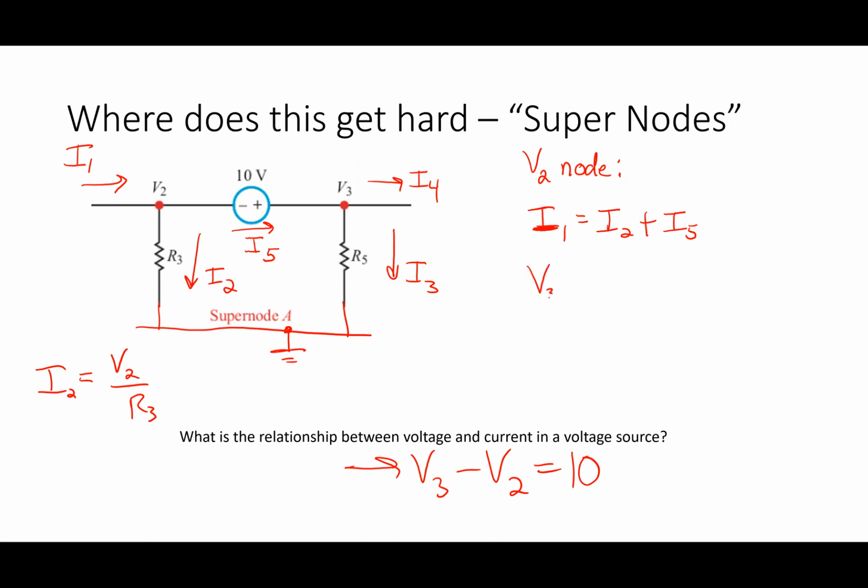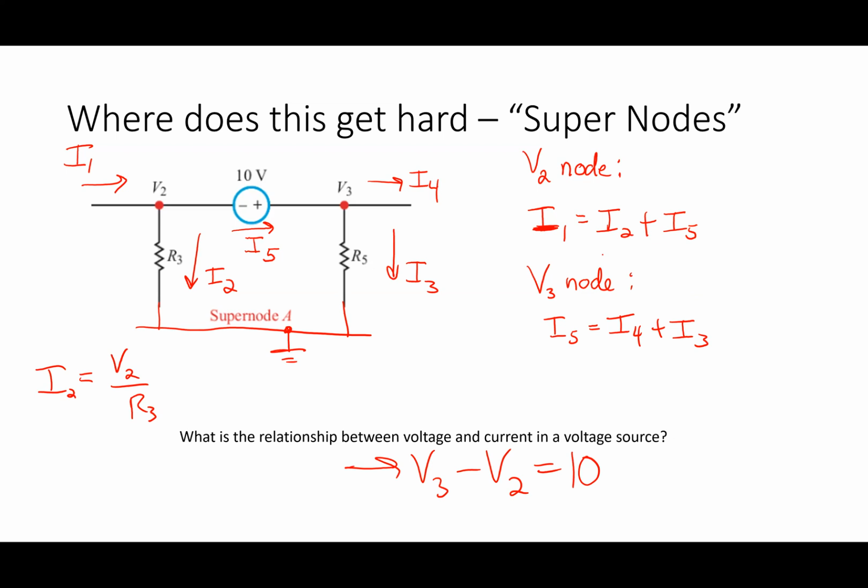Now at the V3 node, what's going on there? I5 is coming in, I4 and I3 are leaving. So what can I do? I can combine those two things, can't I? Yep.